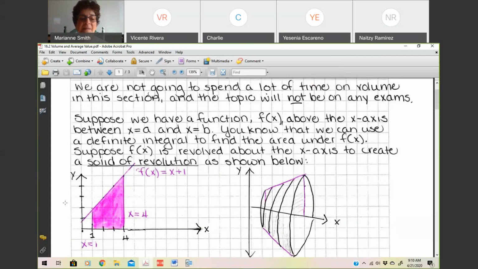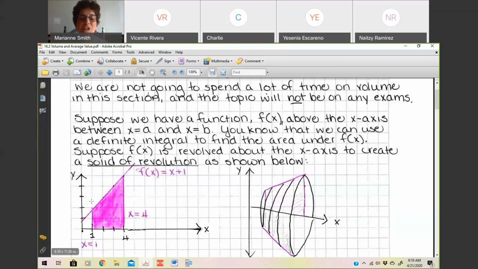And I deliberately picked something very simple so you could see it. Now, suppose we take this function line f of x and we revolve it or we rotate it around the x-axis to create a solid. Now, again, this is a really crude drawing over here. What I want you to pay attention to is this purple thing inside.